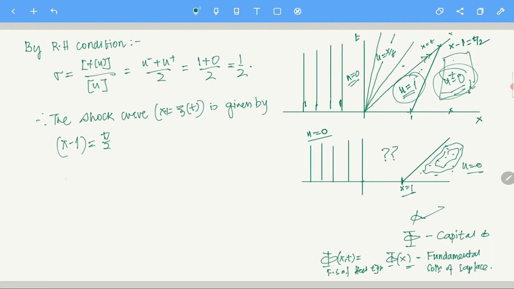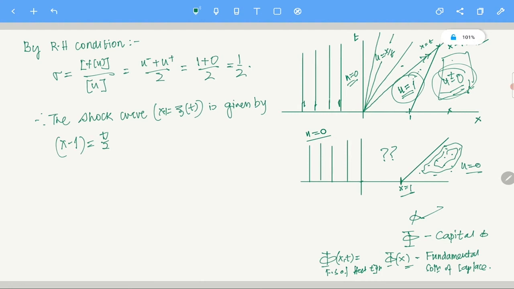So again, let me write it down. u equals x by t in the region between x equals 0 and x equals t. Clear? So in that region, after t equals 1, u equals x by t. That is always there.